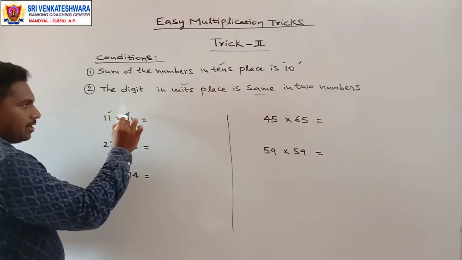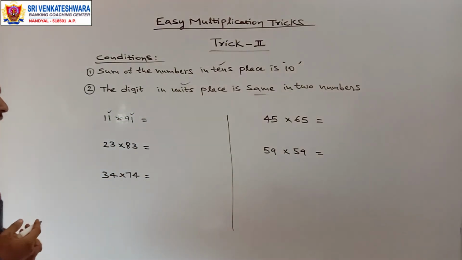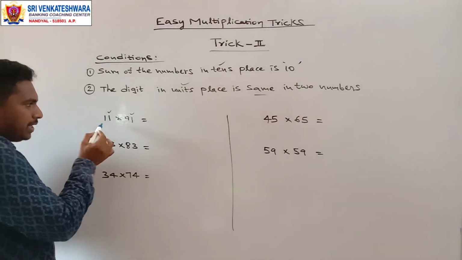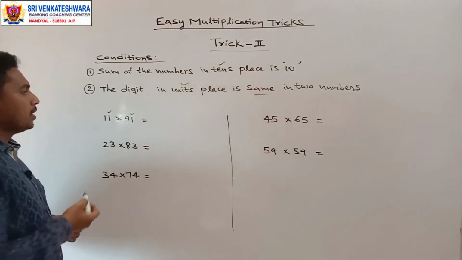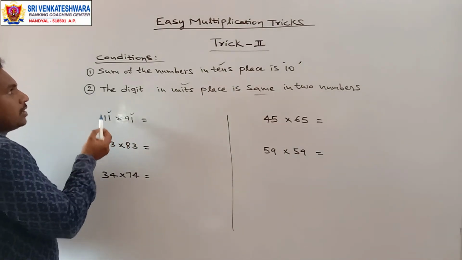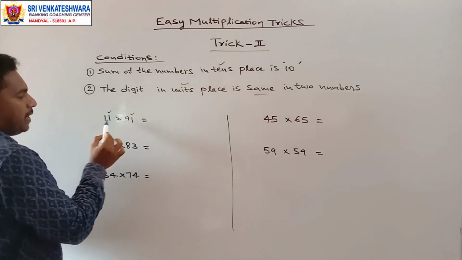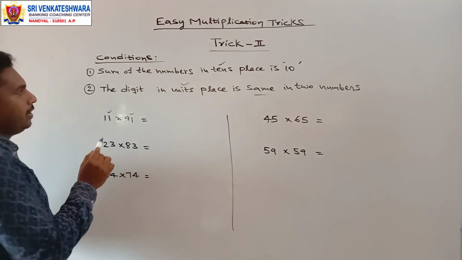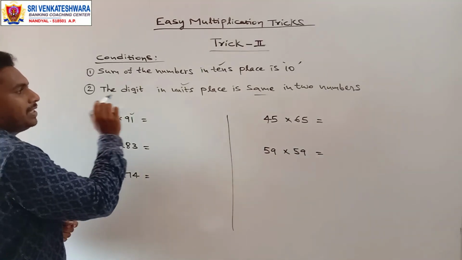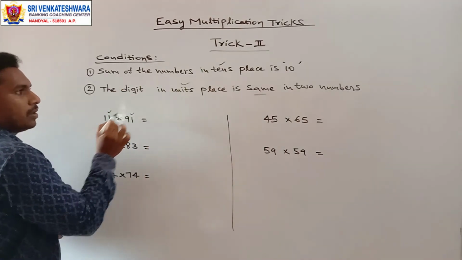Here also it is 1 and here also it is 1. But in tens place it is 1 and 9. 9 plus 1 is 10. That is our first condition. The sum of the numbers in tens place, 1 and 9, must be equal to 10. That is fulfilled. And the second condition is the digit in units place is the same.